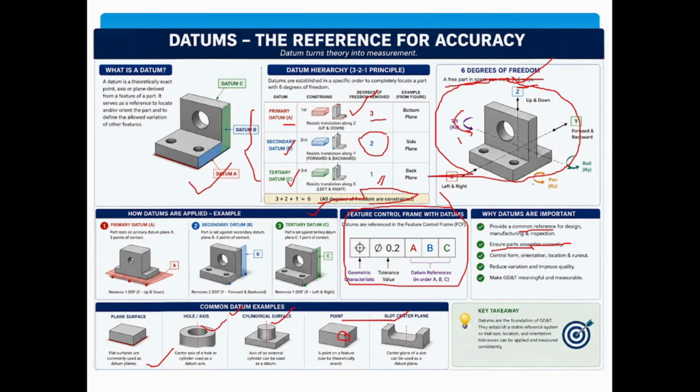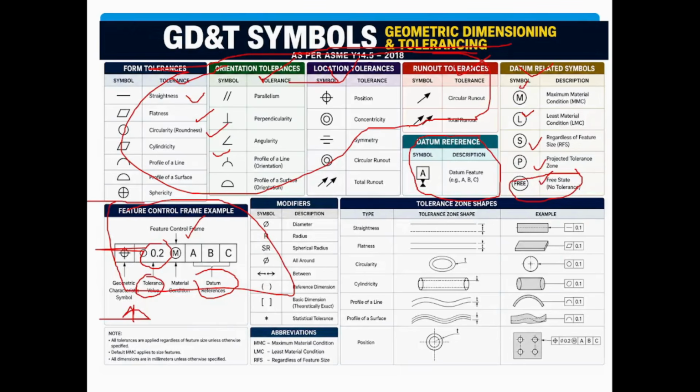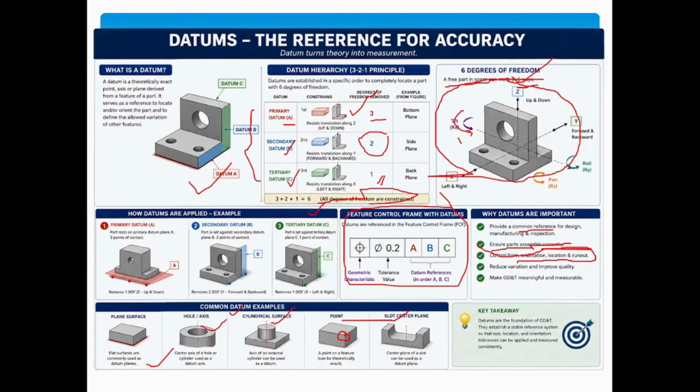Next is the control frame. It also controls the orientation, location, and runout. As I told you, this controls the form, orientation, location, and the runout. So this datum controls this, and makes the GD&T meaningful and measurable.